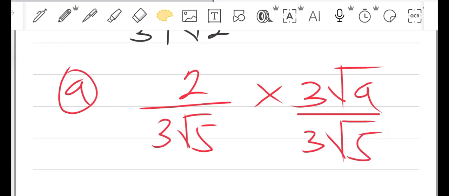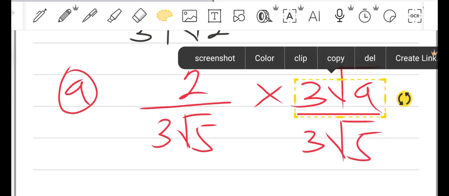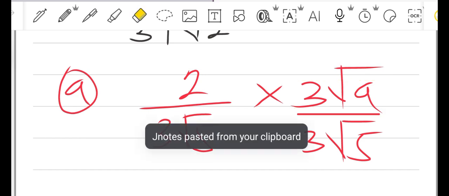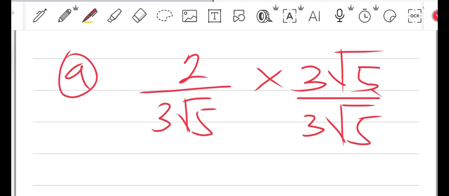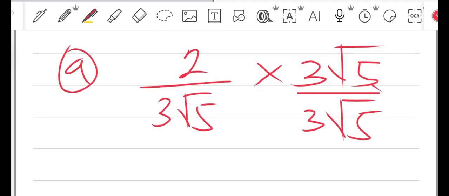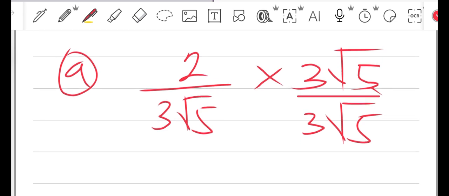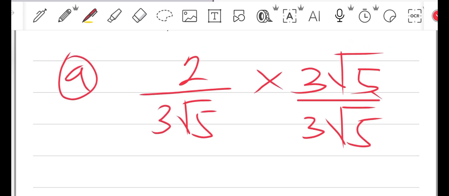Sorry about this, it's supposed to be 5. So you multiply both the numerator and the denominator by the irrational denominator. So multiplication of fractions is where we are now.